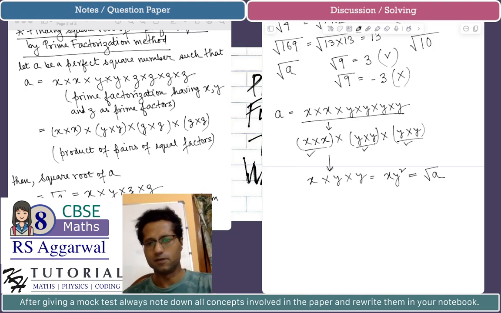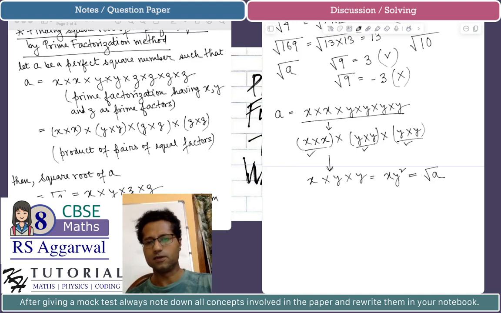In this example, suppose the prime factors of A are of the form x into x into y into y into y into y, and then we are forming the pairs. We are having three pairs. The first pair is x into x. Each pair will have equal factors. The first pair has the factor x, the second pair has the factor y, and the third pair also has the factor y.